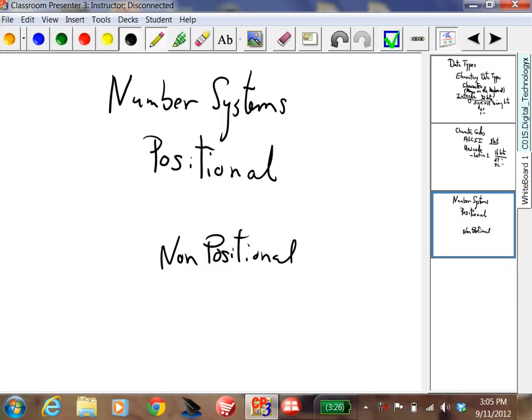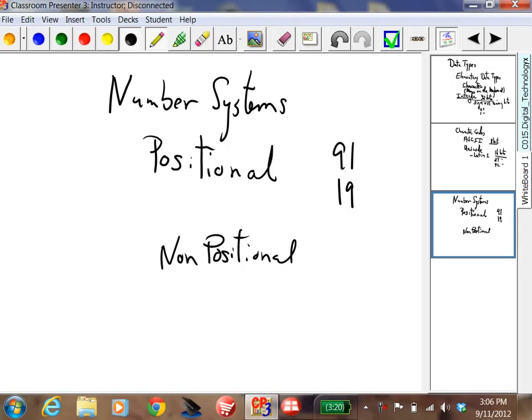So in a positional number system, the position of a character matters. So in the positional number system 9-1 is not the same as 1-9, right? Non-positional, like the Roman numerals, the Mayan symbols, and others, have that advantage.